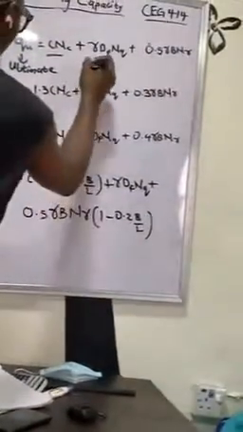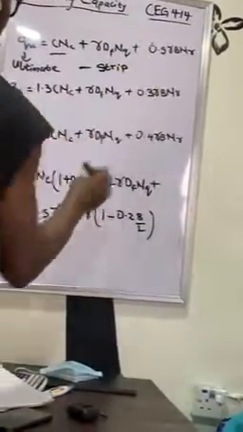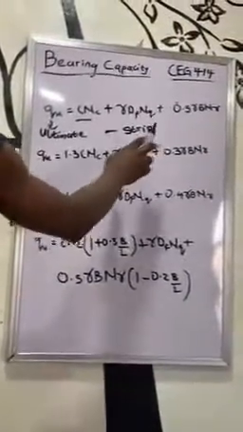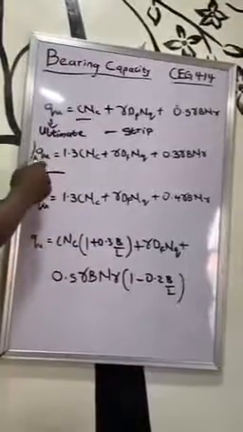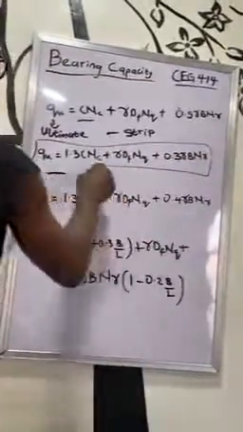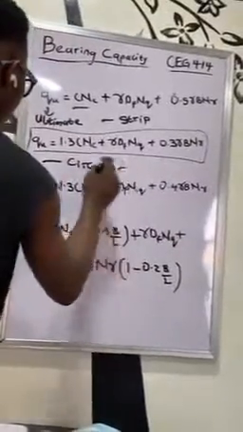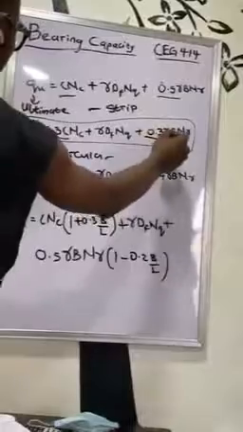So this first formula was given for a strip foundation. These formulas, just know them, just cram them. They can be modified. The second formula is for a circular foundation, where 1.3 is added to the cNc term and 0.5 changes to 0.3.